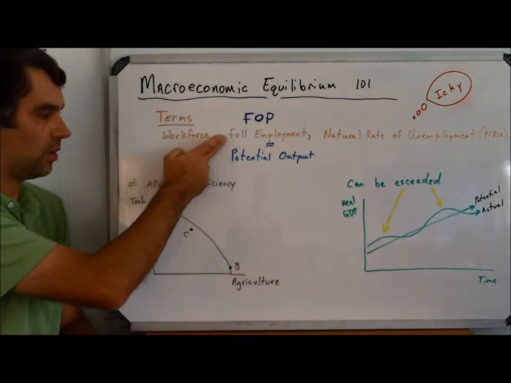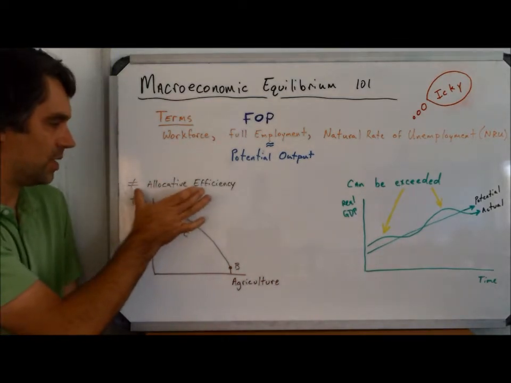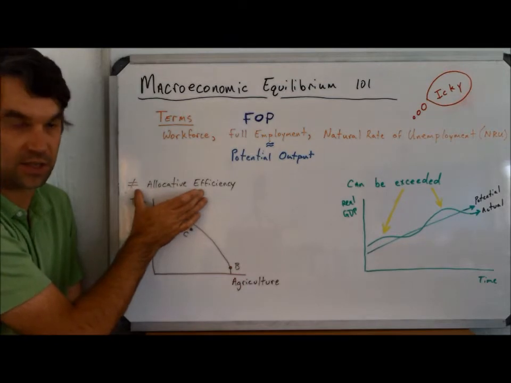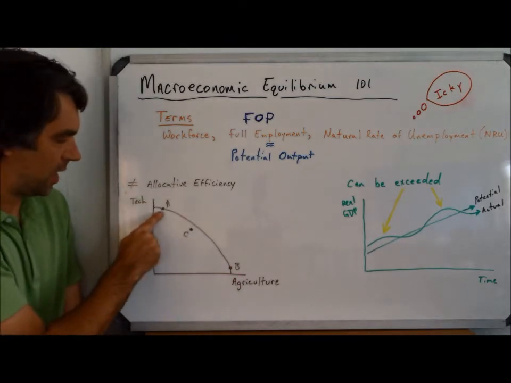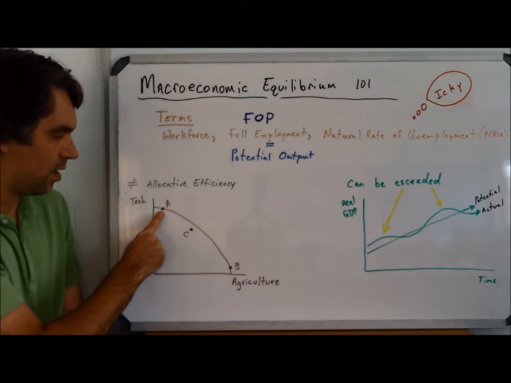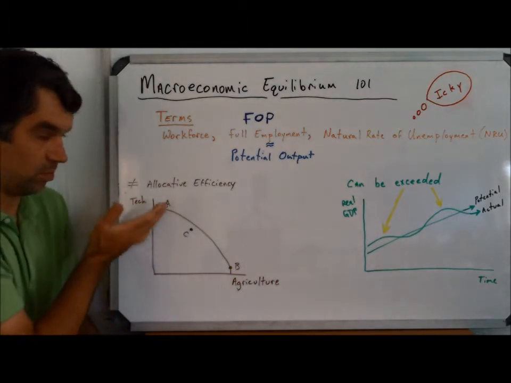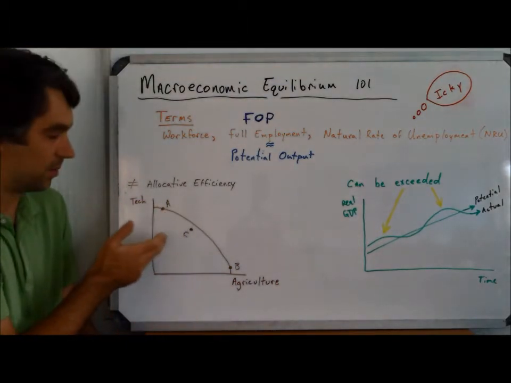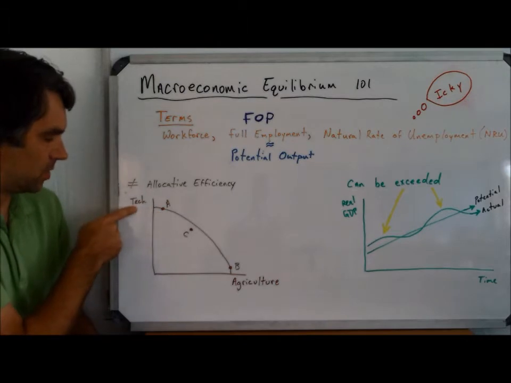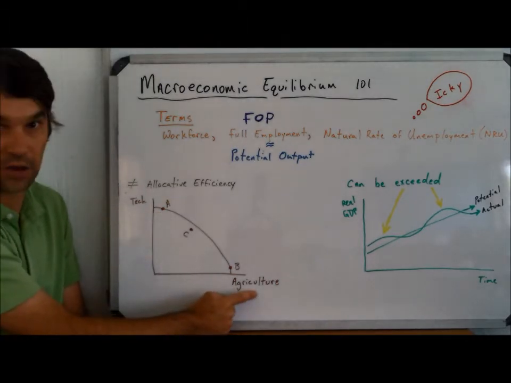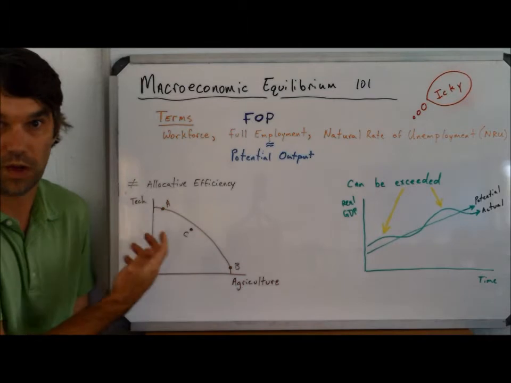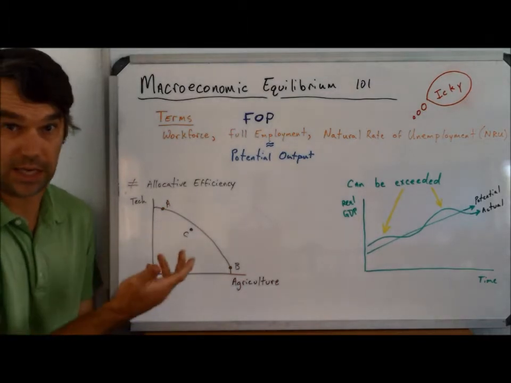First of all, full employment doesn't really mean that we're being allocatively efficient. So, for example, at point A on the PPC, we're showing that we're reaching our 100% potential, but because we're only producing technology and not very much agriculture, it's not really what the macroeconomy most needs.